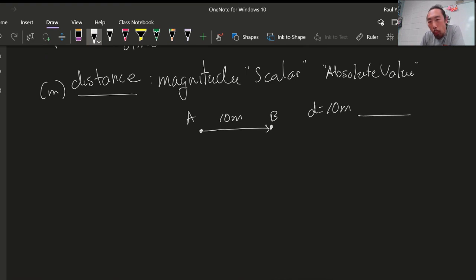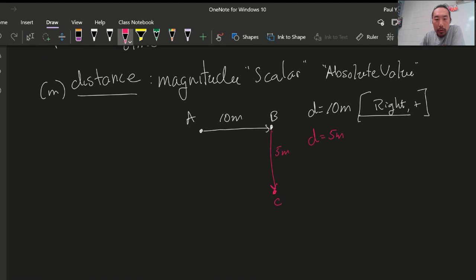Now notice here, what I didn't write is the words to the right, or a positive. It's just 10 meters, so this is omitted. Now from B, let's say we go down to position C, and let's say that took about 5 meters.